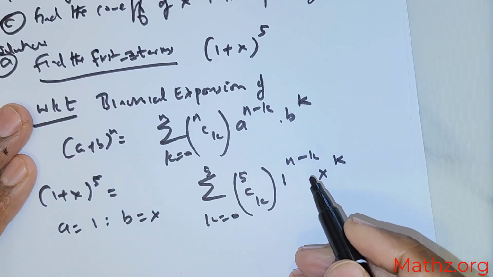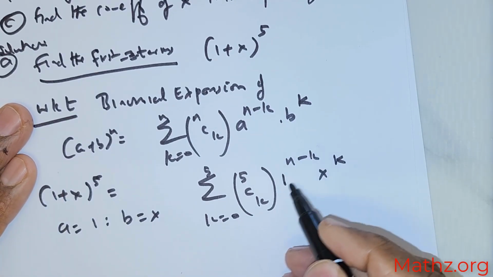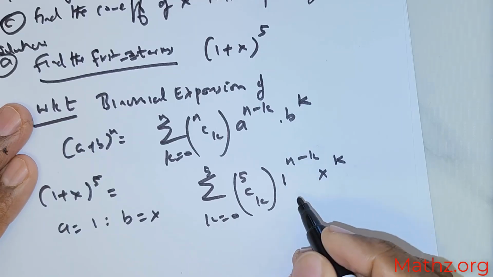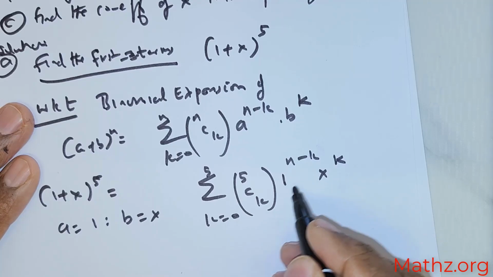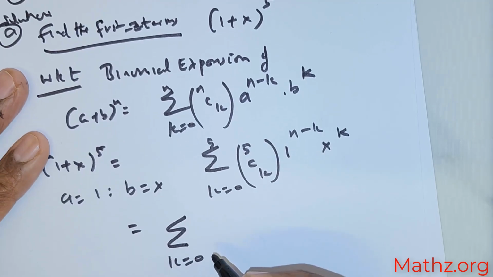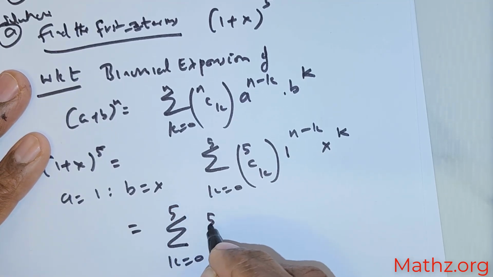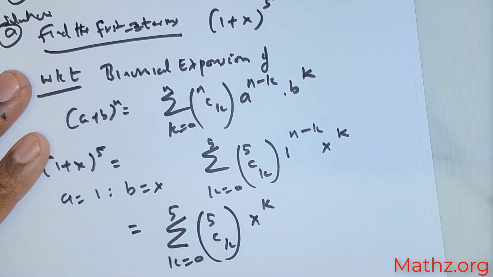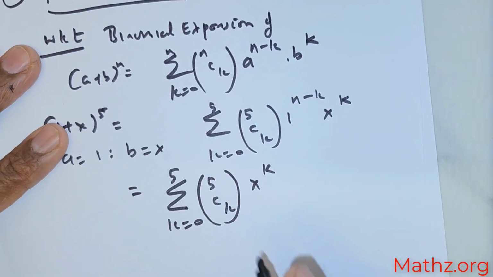Now, no matter what values that we raise here, this is always going to be 1. So this is rewritten as sigma k is equal to 0 to 5 5Ck times x raised to the power of k. So that is going to be our expansion.